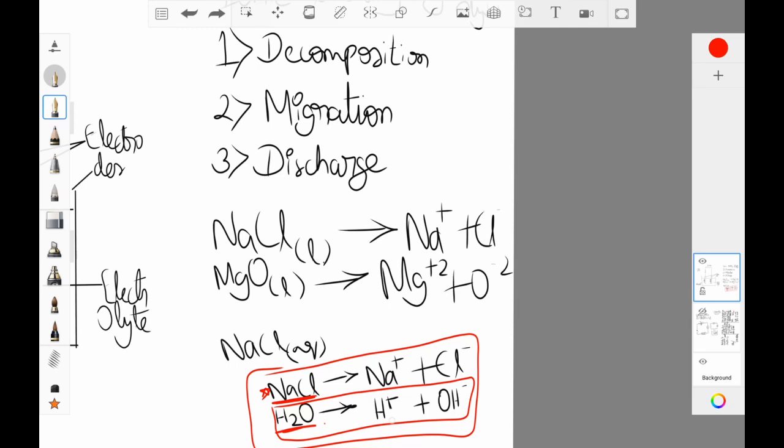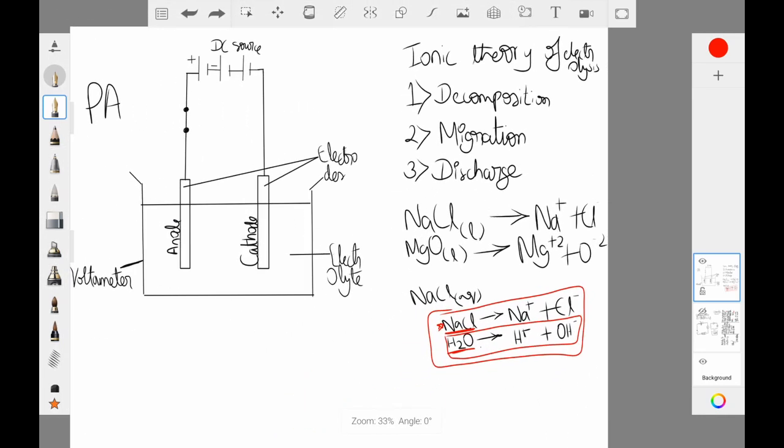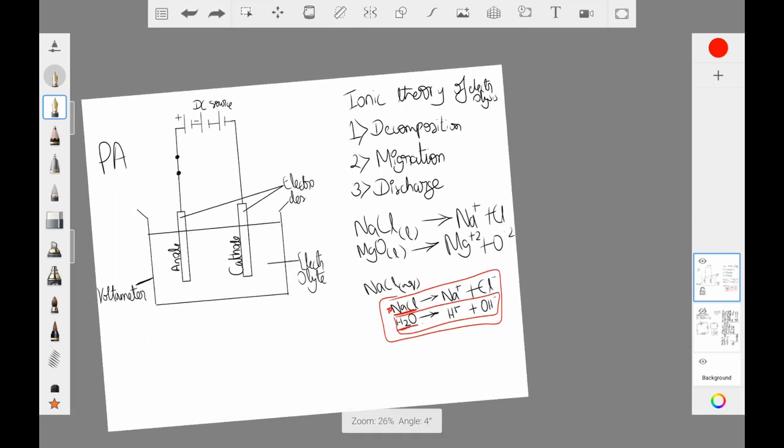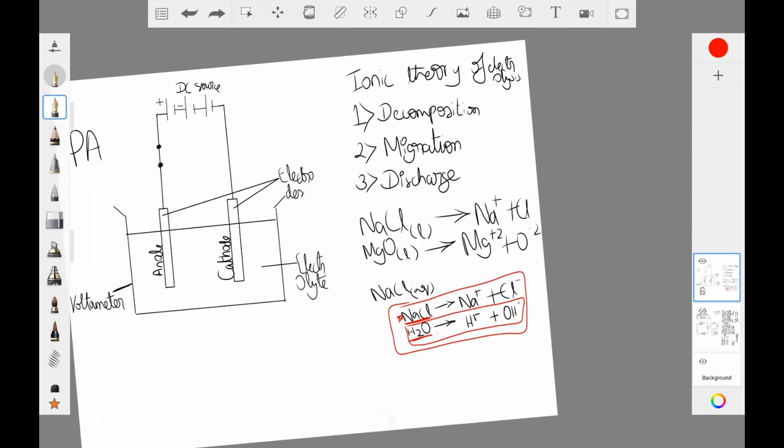So the cation, the sodium ion, will move to the cathode, and the anion, such as the chloride ion, will move to the anode. This is migration. The third process that occurs is discharge, where once the ions reach their respective electrodes, they discharge or they lose their charge to form products on the electrode.